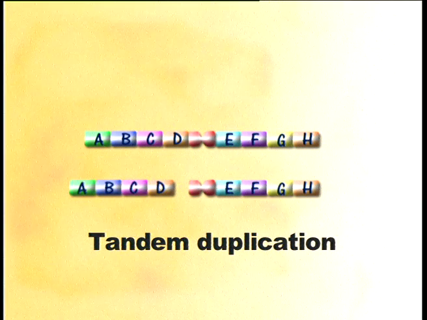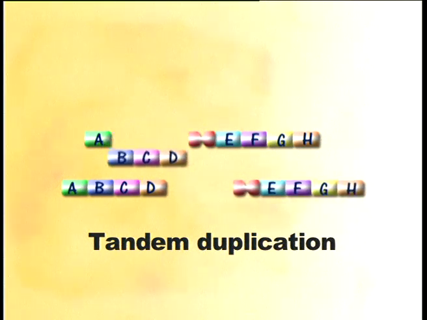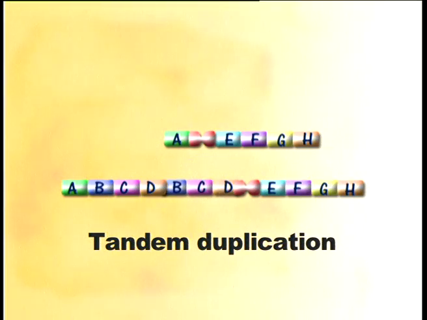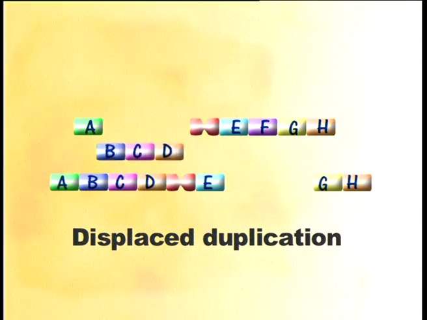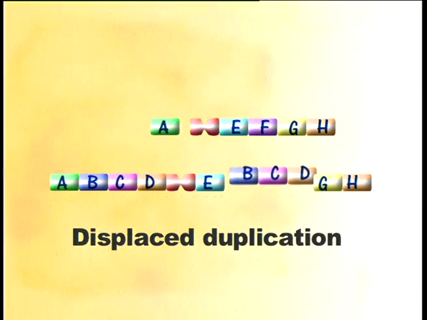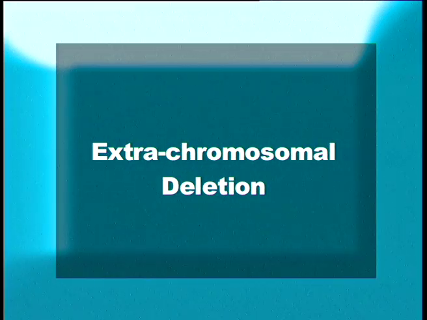If the duplicated sections are adjacent to the original, the process is known as tandem duplication. Whereas, if they are separated by non-duplicated regions, the duplication is said to be displaced. And if they exist as independent fragments, then it is termed extrachromosomal.